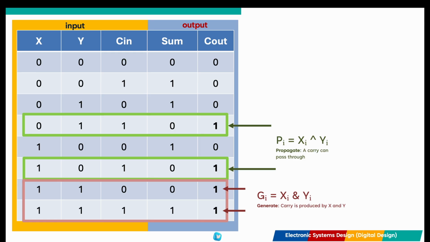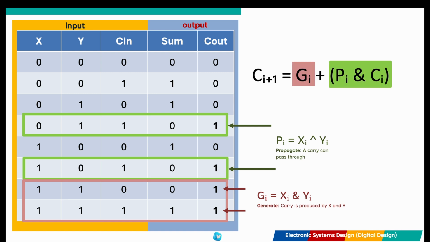We call this the propagate condition, represented as P equals X exclusive or Y. By looking at the truth table this way, we realize that a carry out is simply: did I generate a carry, or did I propagate one from my neighbor? This insight is the secret sauce of the carry look-ahead adder.